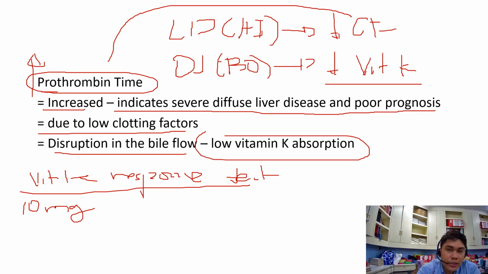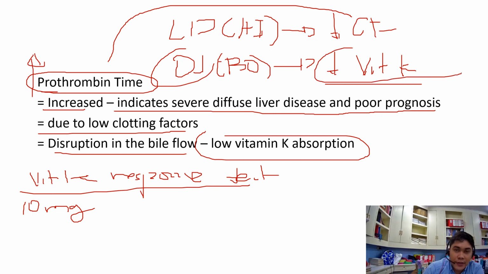Okay, because the problem in hepatocyte injury is the decrease in clotting factors, not vitamin K. So if you administer vitamin K, it's useless because the clotting factors are absent. Okay, so the prothrombin time is still the same. It is increased. Now, in obstructive jaundice, the patient has vitamin K deficiency due to decreased absorption of vitamin K, and that's due to decreased bile flow. So there is vitamin K deficiency.